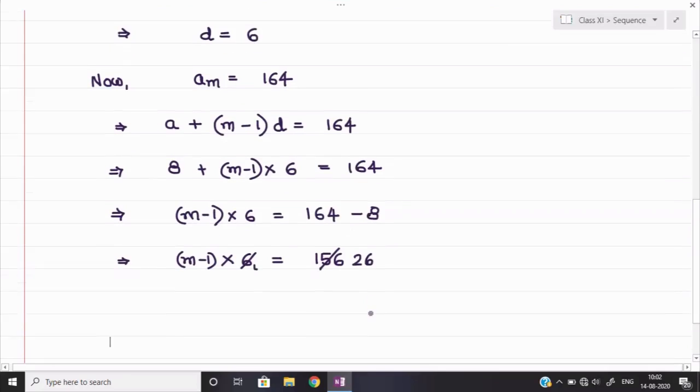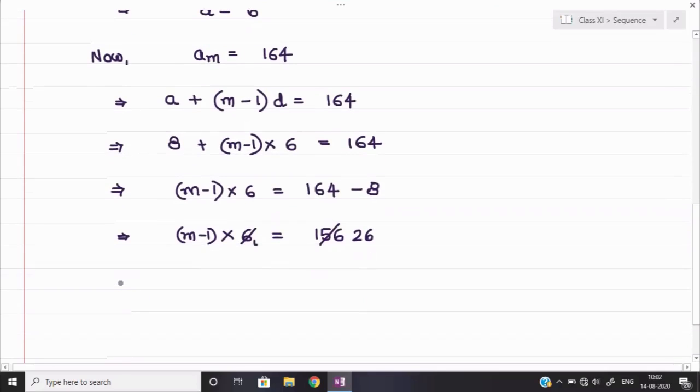It will remain 26. And minus 1 goes to that side, it will be added to 26. So the value of m will be equal to 27. So this is the answer of this question. I hope this question is also clear to you. You can make a box to highlight your answer in a proper manner.